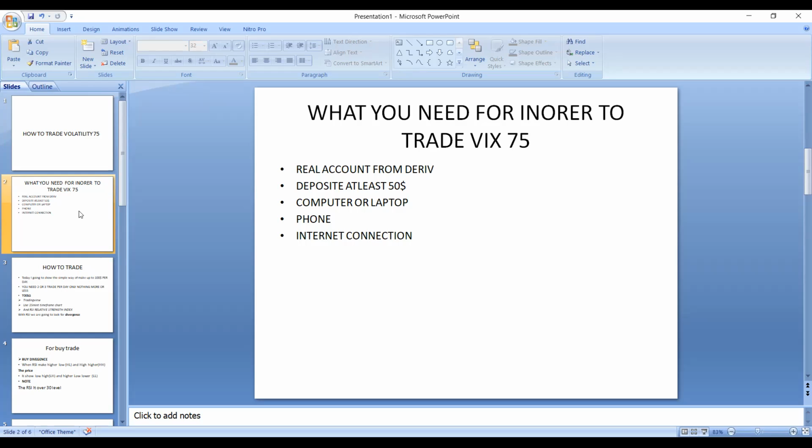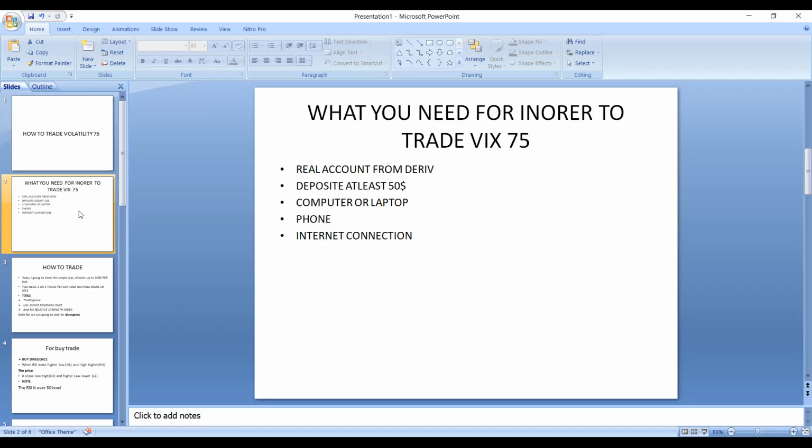Make sure you go to that link, then make a demo account, and after that you can follow by making a real account. That's how the company works. If you click that link, it can help you reach there faster and make your deposits.